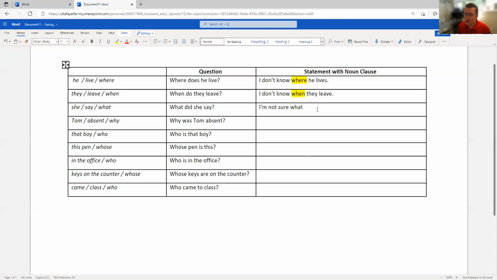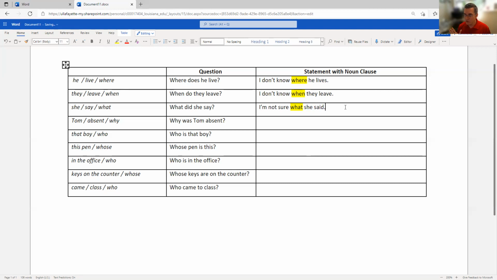So again, I'm talking about the words she said. What was it? I didn't hear it, right? So the pronoun is what. Then I need a subject. And what did she say? We're talking in the past tense, so my verb needs to be past tense. I don't know what she said.